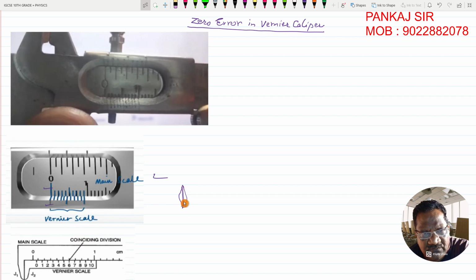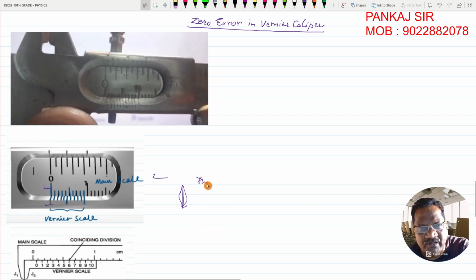So when the jaws are closed, the zero of the main scale and the zero of the Vernier scale are both along the same straight line. They are not misaligned.